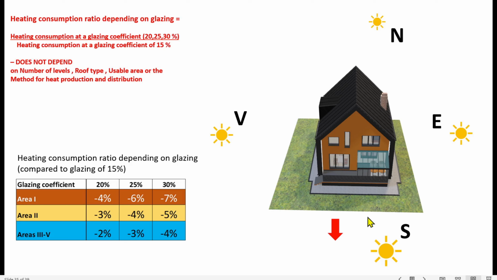For the southern orientation, we see how it varies depending on climatic areas and the glazing coefficient. We see how the effect of increasing the window surface, that is the glazing coefficient, decreases in colder climate areas where solar intensity also decreases.